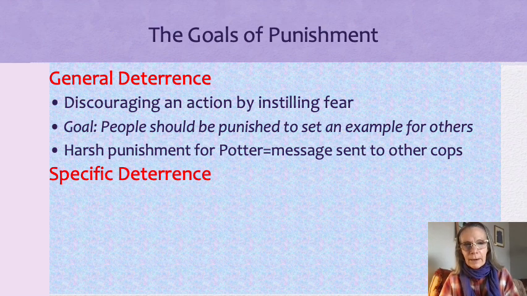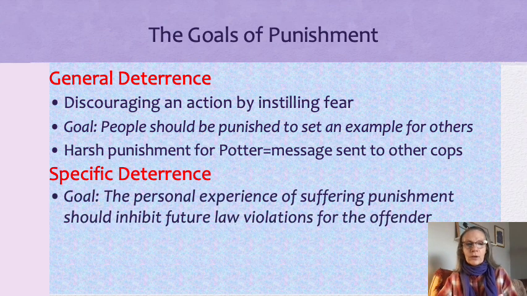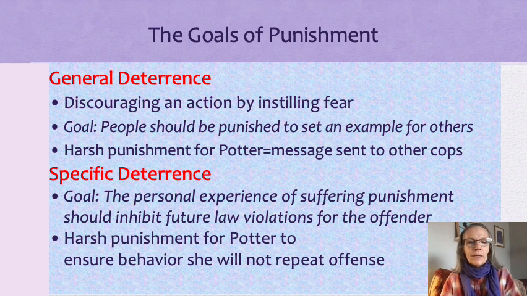On the flip side, the goal of punishment could be specific deterrence. Specific deterrence is that you want the personal experience of suffering the punishment to be so bad that it inhibits future law violations by the offender. In other words, if you give Potter a harsh punishment for her unintentional killing of Daunte Wright, you'd do it because you wouldn't want her to repeat this kind of behavior once she gets back into society.